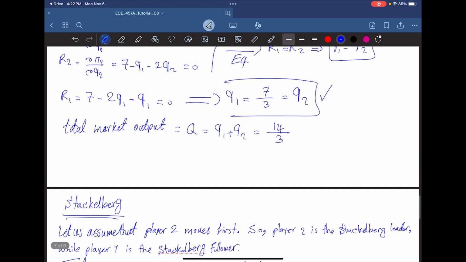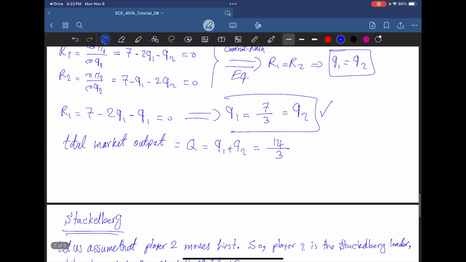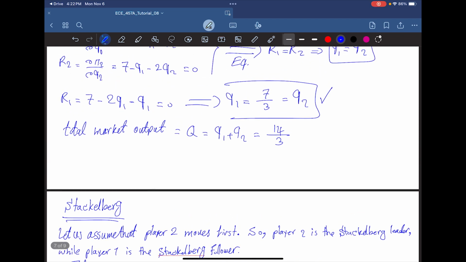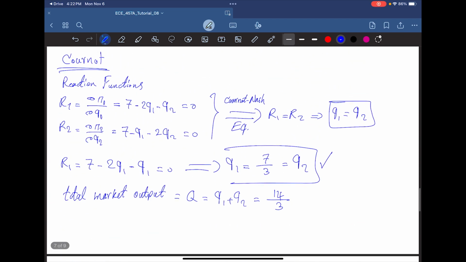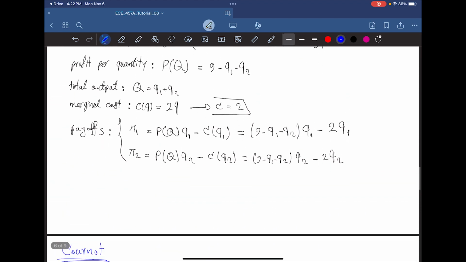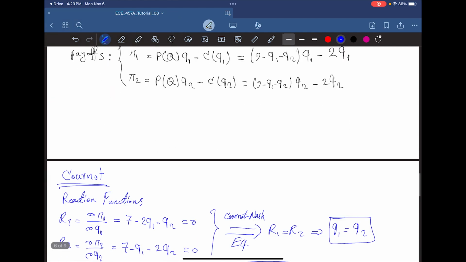We need to substitute what we found for Q1 in the payoff.